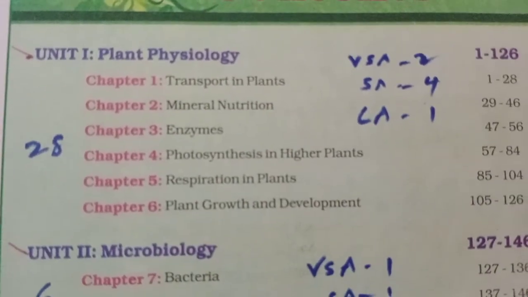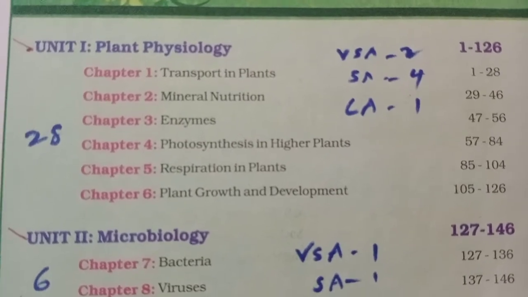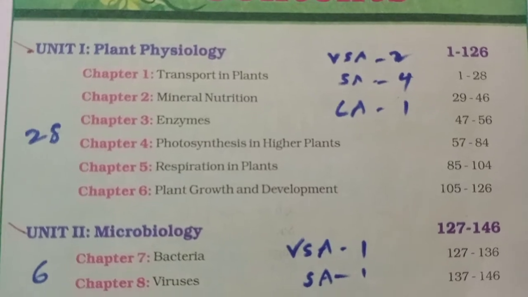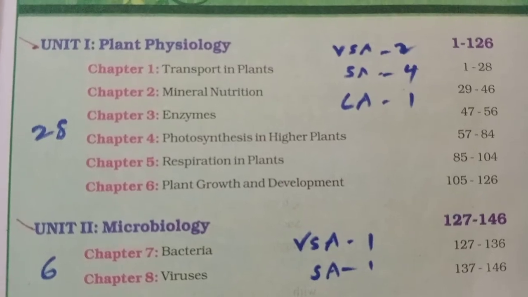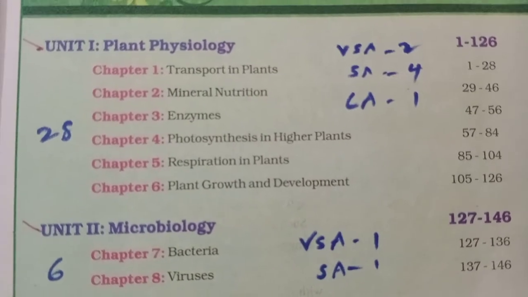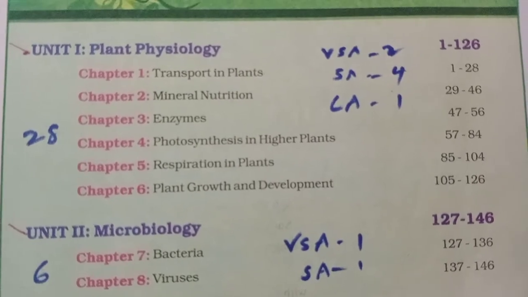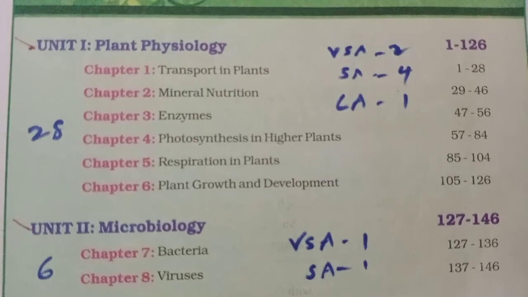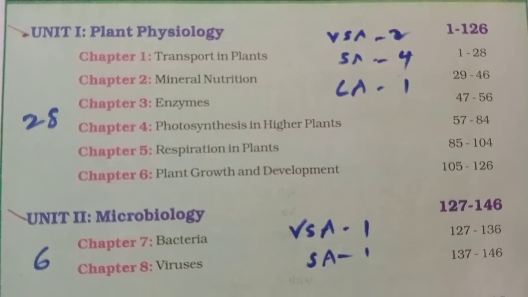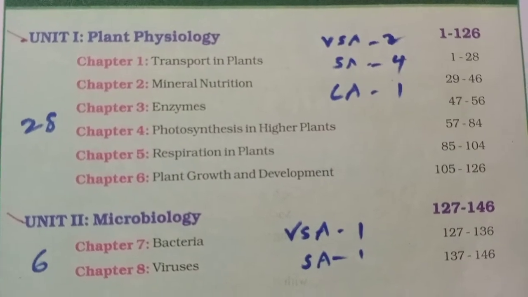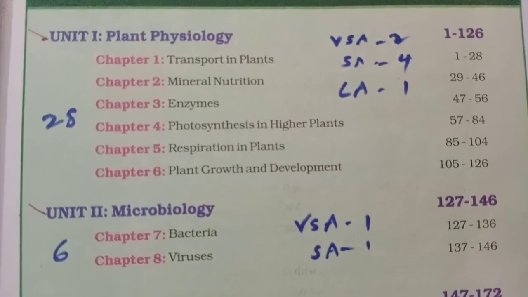Here we should study how materials like water and other nutrients and other substances are transported within the plants, from the surrounding environment to the plant, and inside the plant from one place to another place. So those we will study.